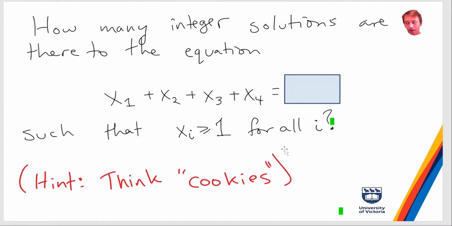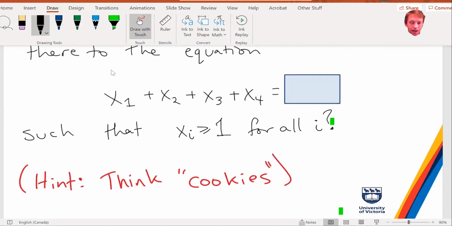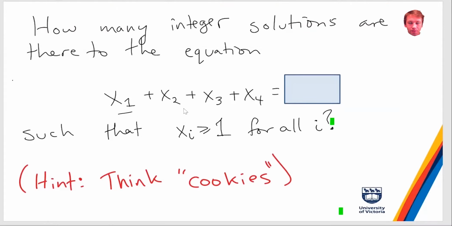So that's one reason. Okay, so how many integer solutions are there to x1 plus x2 plus x3 plus x4 equals, let's say, 92 for a random number, such that all the xi are at least 1?